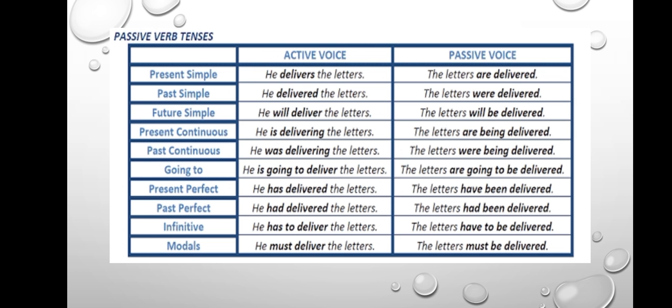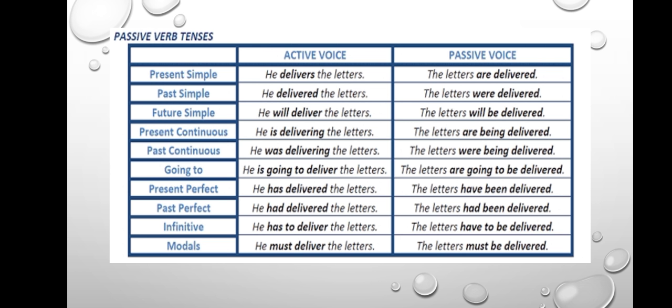Present perfect tense. When the action is just completed, when the action is recently over, at that time we use present perfect tense. The action which began in the past but is recently over or just over, at that time we use present perfect tense.